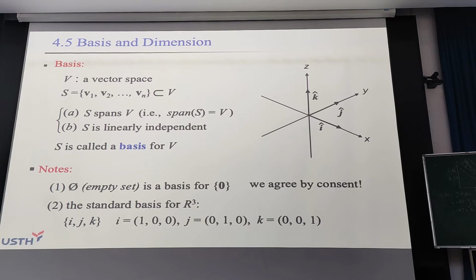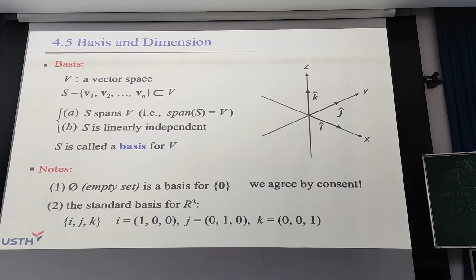But the second one, that is something we know from high school for R3. Usually we have the basis consisting of i, j, and k with the coordinates like that.